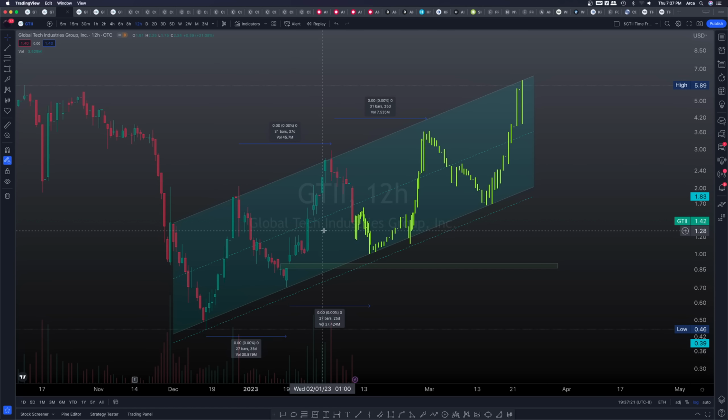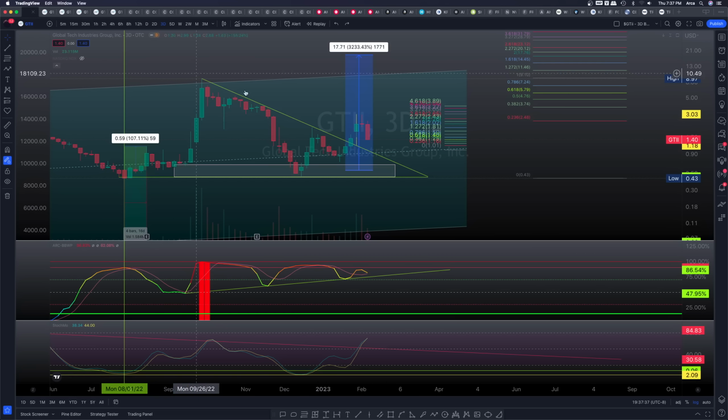So if we were to consider that we're going to come back down to touch our support from the channel, let's take a look at that target. It's about $1.02, right? So what does about $1.02 rhyme with? Let's go back and take a look at this triangle here. We're right at the support of this right angle triangle, suggesting $1.02.